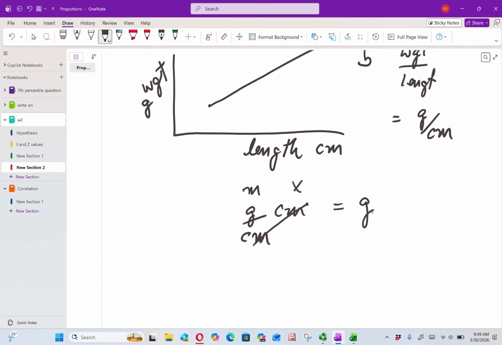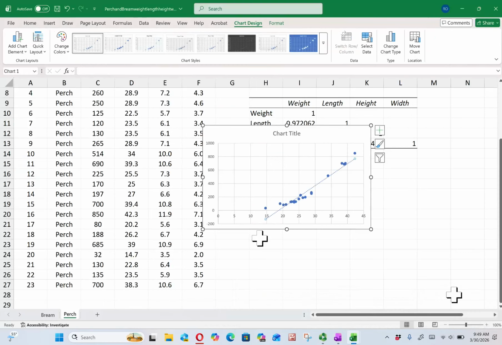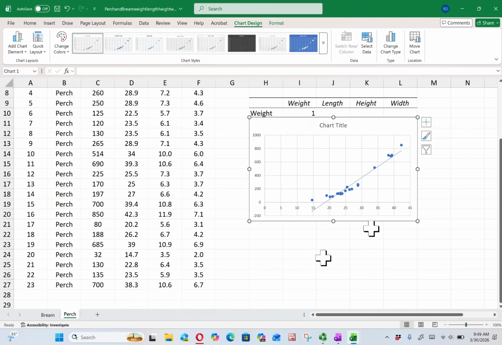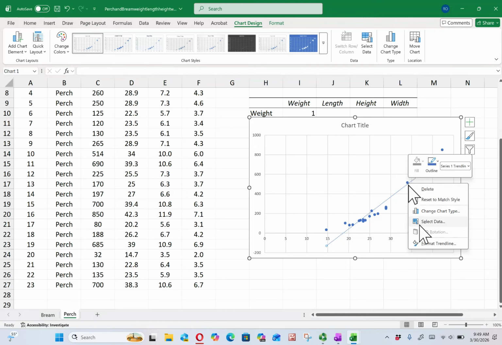Let's go back to the fish. And we're dealing with perch. And I'm going to show you a trick. We'll get to the details later, but we've got that trend line on there. Right-click on one of the points and go back to Add Trend Line.